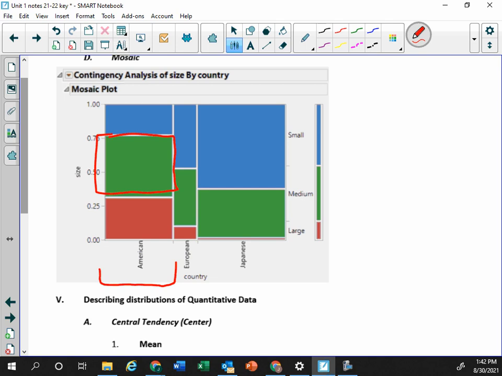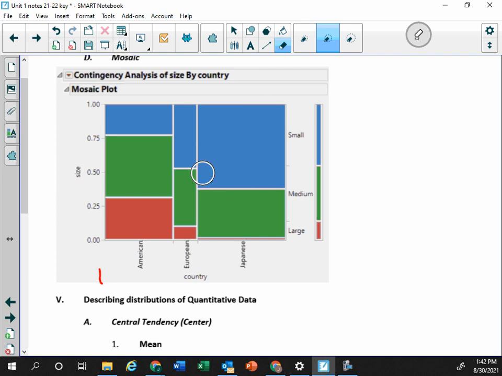But then you can make a different comparison from country to country, because you can see that small cars in Japan is a much bigger chunk of the whole mosaic graph here than anything else is. So does that make sense? You can read it in the vertical columns, and you can make comparisons.